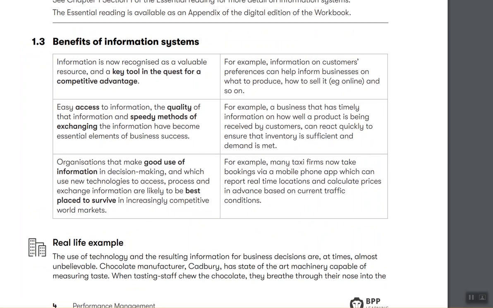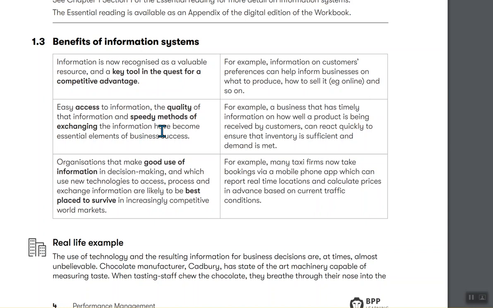Okay, benefits of information systems. Nowadays information is a very important thing, because those organizations that have information have a competitive advantage.